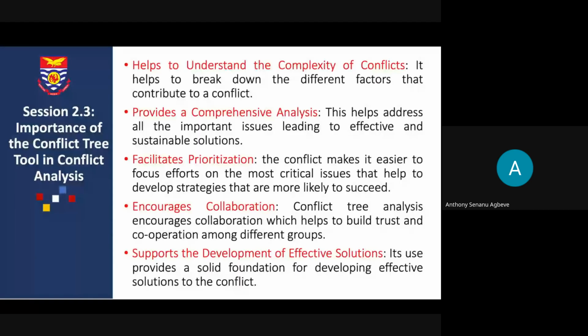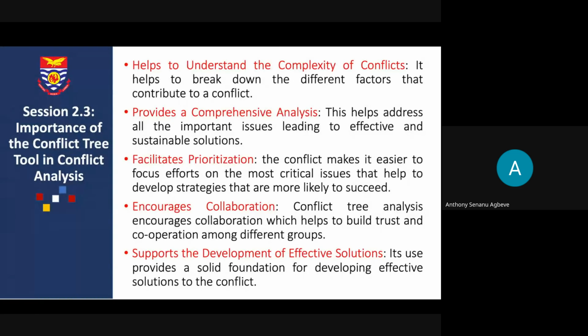Then it also provides a comprehensive analysis in addressing. By this, we mean it helps us to address the important issues, leading to effective and sustainable solutions. For example, we prioritize the most important cause that is driving the conflict.